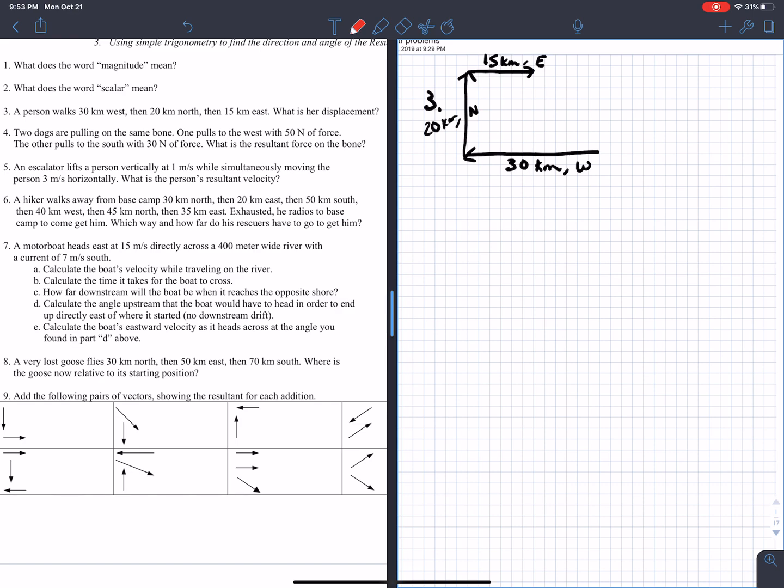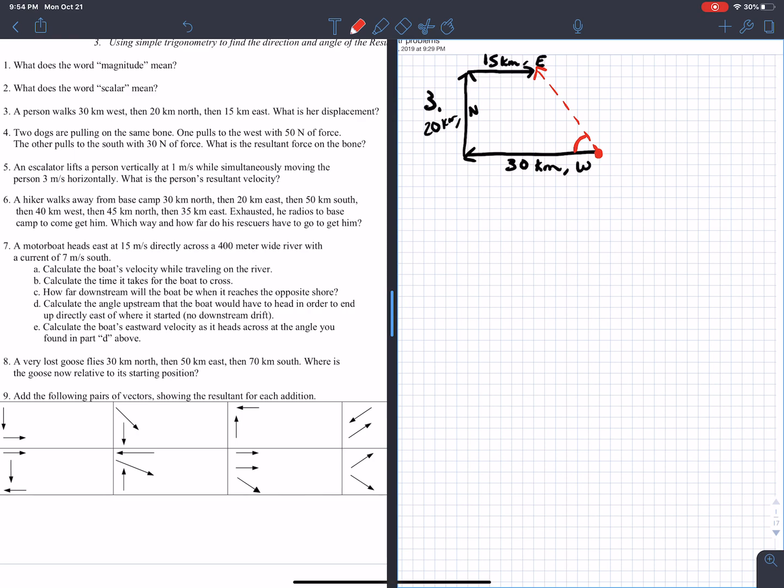Well, what we have to do is go back to where you put pencil to paper first. I put my pencil to paper first right here. That means that that's where my resultant is going to be drawn. So I'll draw that resultant to where the last vector was drawn. Okay, so the angle, since that's where I started at, that's the angle I'm going to need to find as well.